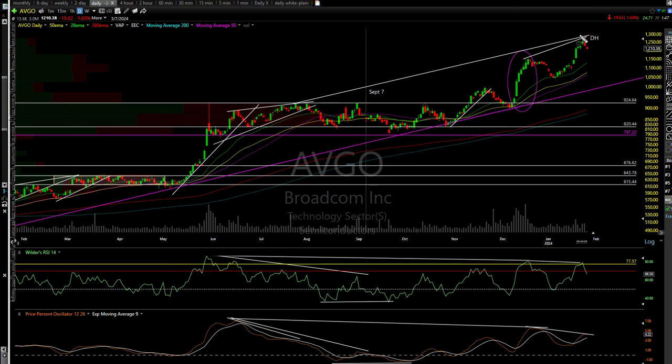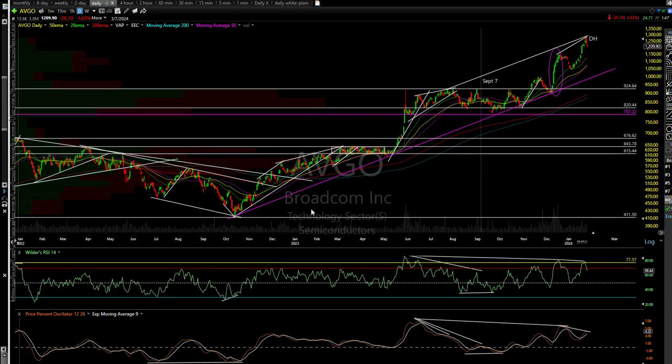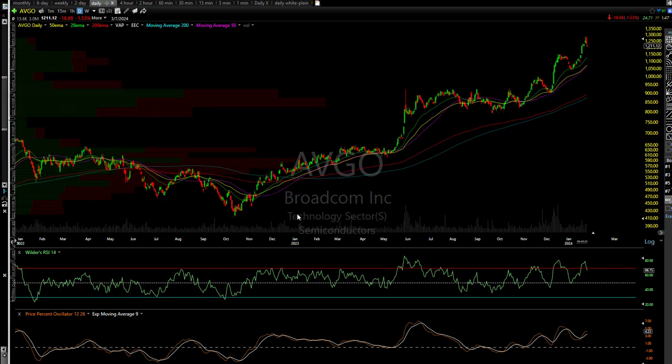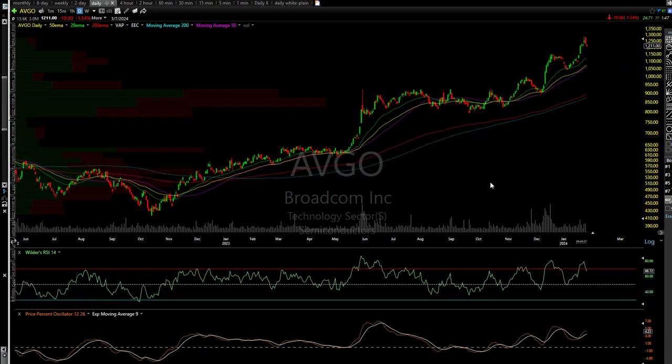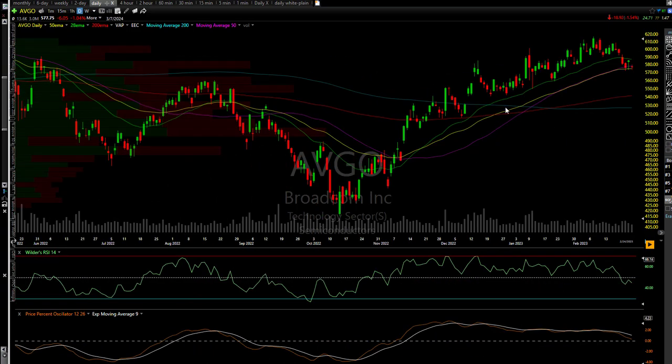In other words, a bearish engulfing candle, you want to look for at the end of a very overextended run, end of a bull run, just like you look for a bullish engulfing candle at the bottom. Now look closely here, and you will see that's exactly what Broadcom, the S&P, a lot of things had.